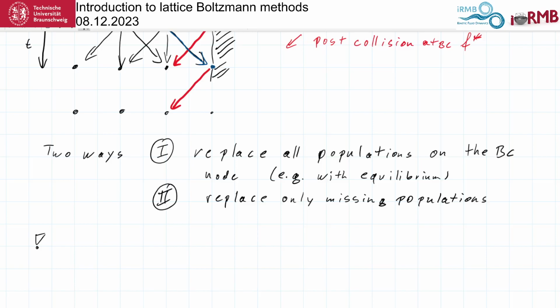What then happens if you use case number 2 is that the node-based boundaries will obviously depend on the orientation, because the populations that go into the boundary from the domain are sensitive to the direction in which the boundary is.